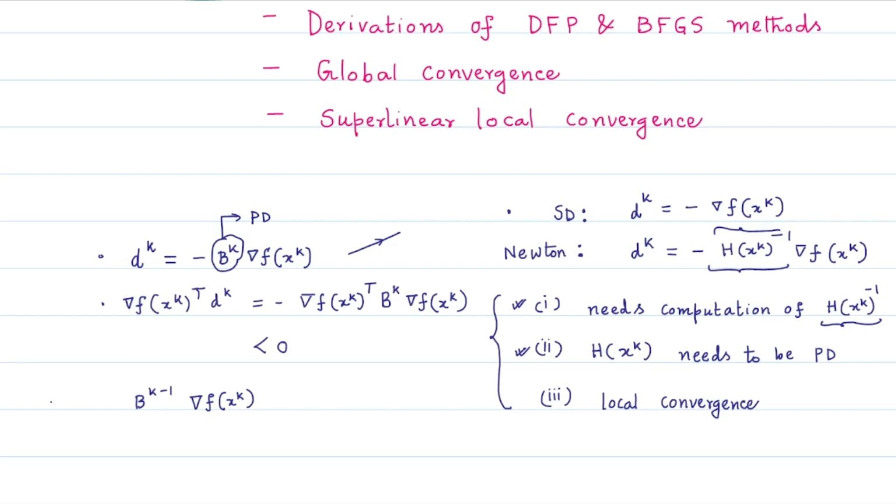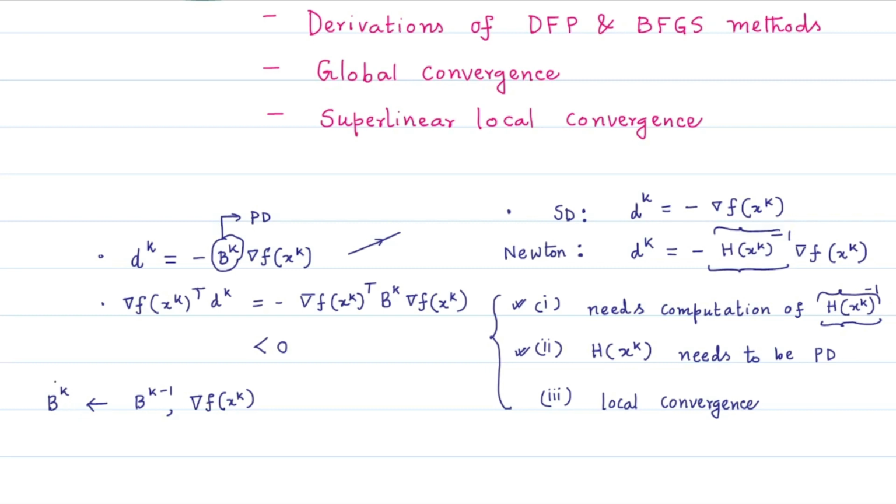That is, in constructing Bk, we use the previous information that in the previous iterate we have computed Bk minus 1, and we use the gradient information of the function at the current iterate xk. Using these two pieces of information, we compute a matrix Bk, and in computing Bk we do not involve the computation of the second order derivative of the function f.